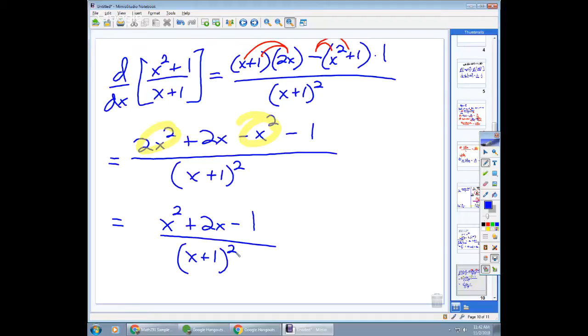So if I see that it can be simplified in a nice way, then you wouldn't get full credit if you left the answer as this. But if it was some crazy trig thing where it wasn't obvious what to do because you needed some identities, I don't think that would be such a big deal. Okay.